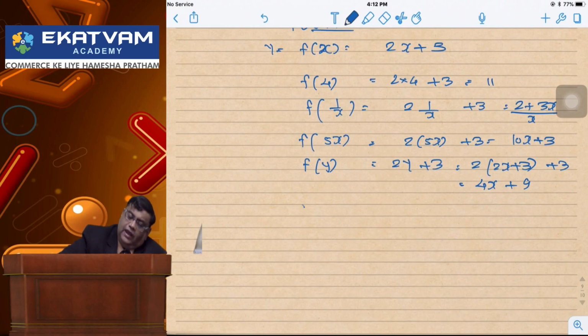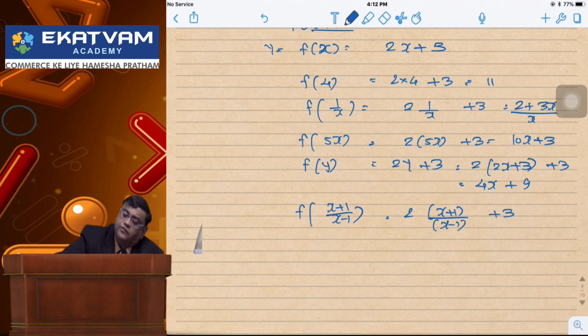Then tell me what will be f((x+1)/(x-1)). You can find anything now. It's 2 into (x+1)/(x-1), and that plus 3. So how will it go? 2(x+1) + 3(x-1) over (x-1). Open the brackets, what happens? Look, 2x + 2 + 3x - 3 over x - 1.